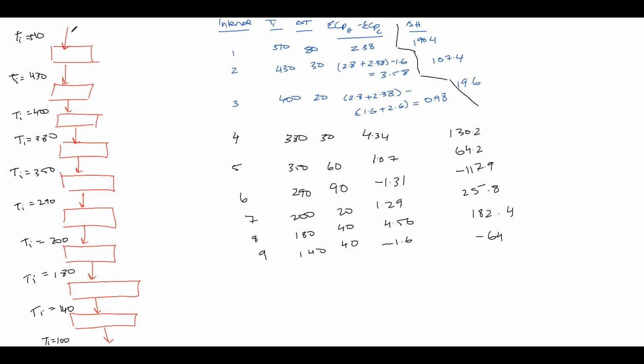Next step, I'm going to write the delta H's inside these boxes. So delta H here is 190.4. Delta H here is 107.4. Delta H here is 19.6. Delta H here is 130.2. In this case it is 64.2. Delta H here is minus 117.9.